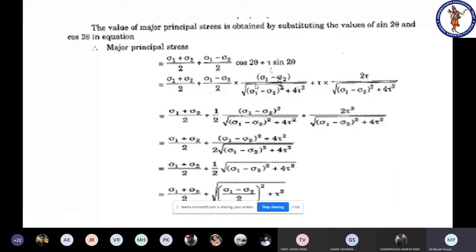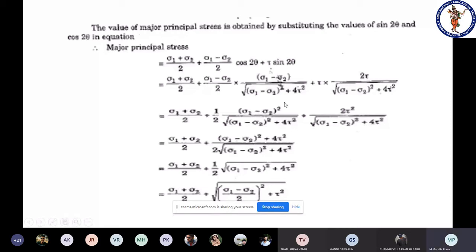Now you just do each and every step in your notebook. You have taken that equation, we are substituting the values. So by substituting these values, you just take the LCM. Sigma 1 plus sigma 2 by 2 is available plus half into here.